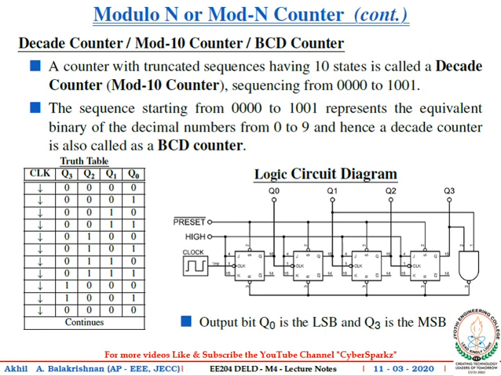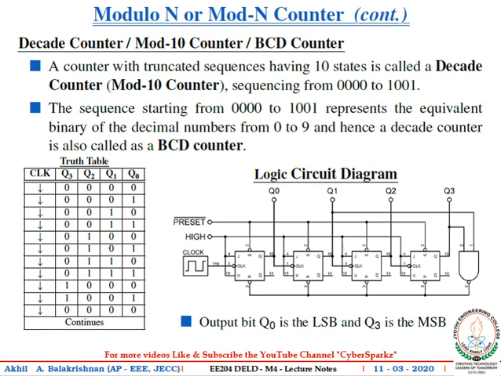Since this sequence represents the equivalent binary of the decimal numbers from 0 to 9 respectively, the decade counter or mod 10 counter is also called a BCD counter. So there are different names for this counter: decade counter, mod 10 counter, or a BCD counter.